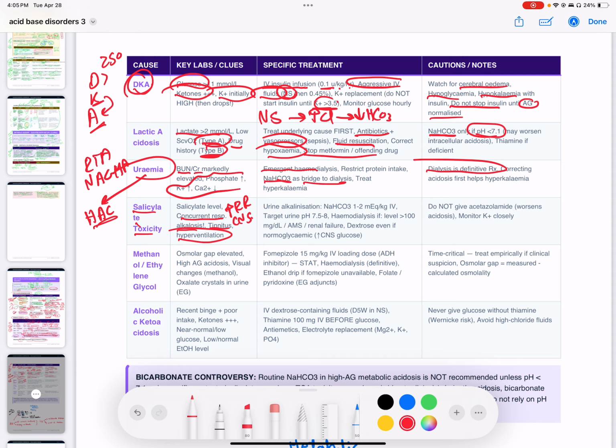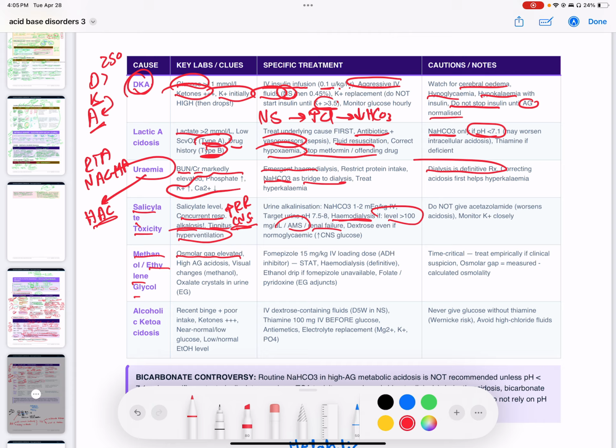We talked about the hyperventilation by the CNS stimulation. And what you do here is usually urine alkalinization. And sometimes those patients can need hemodialysis if the level is severe or is causing altered mental status or severe renal failure.